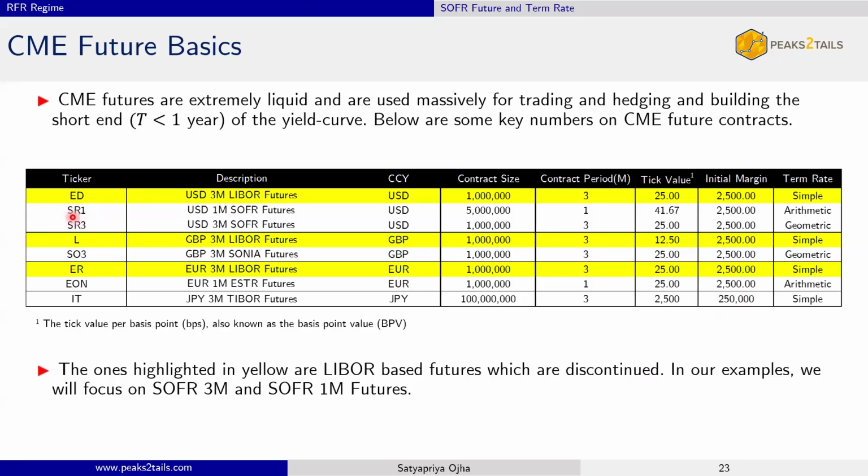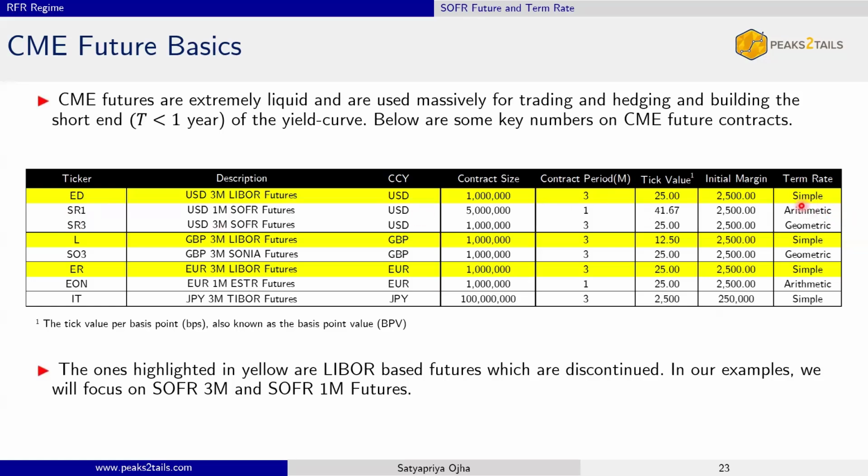We'll talk about SR1 and SR3. We have contract size and contract month period. So 1 month future is for 1 month, 3 month future is for 3 months. Tick value basically means if there is a 1 basis point change in the underlying rate, what is the change in value of the notional?